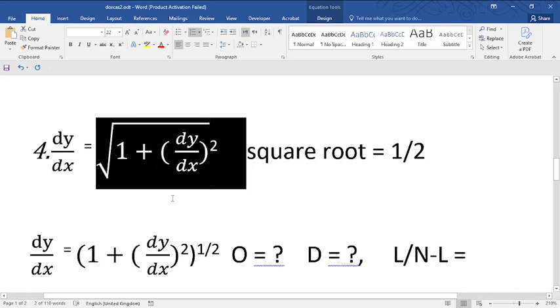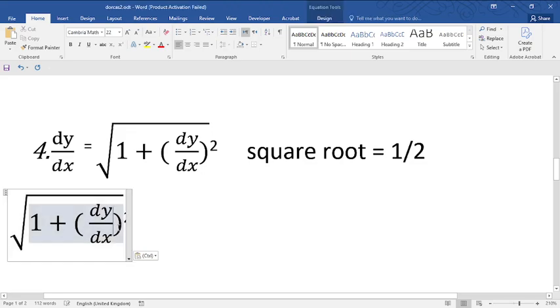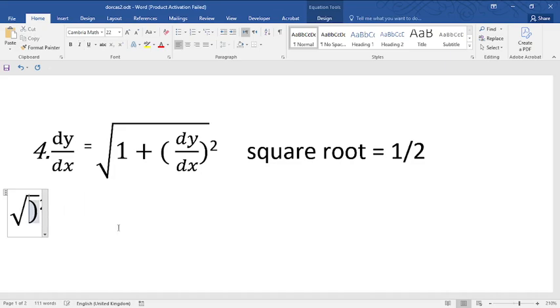Let's say you are having something like this, you are having square root like this, and then what you are having inside is x. You are having x, square root of x.